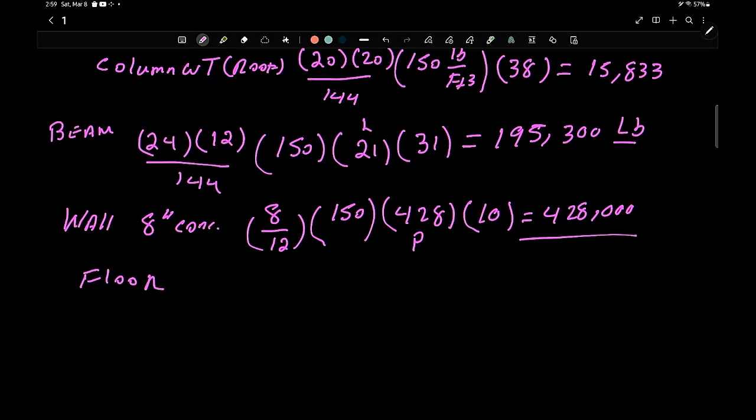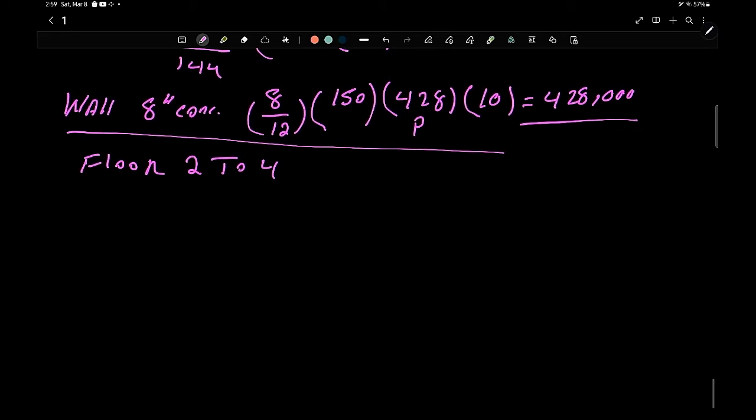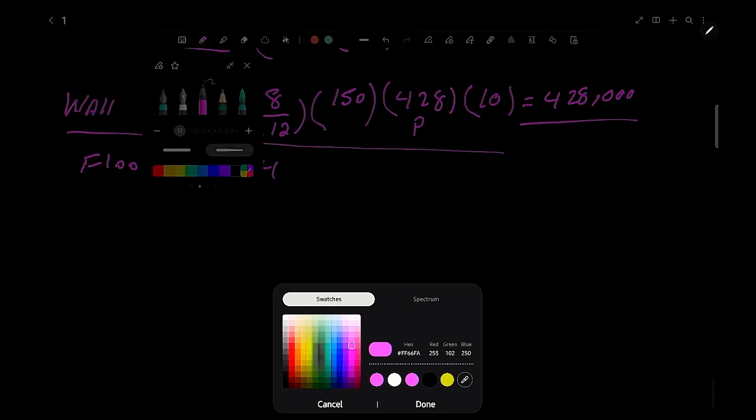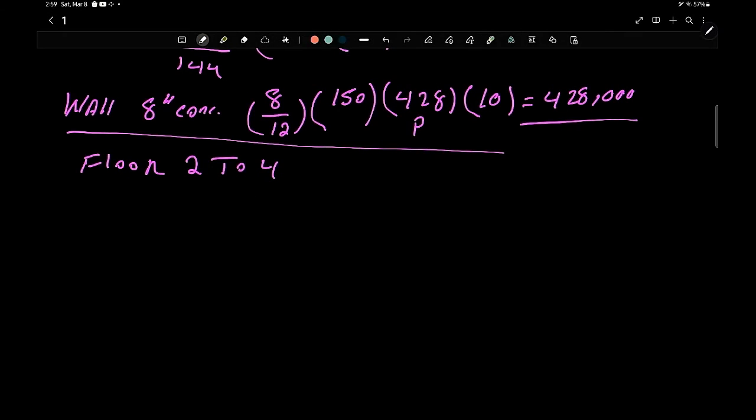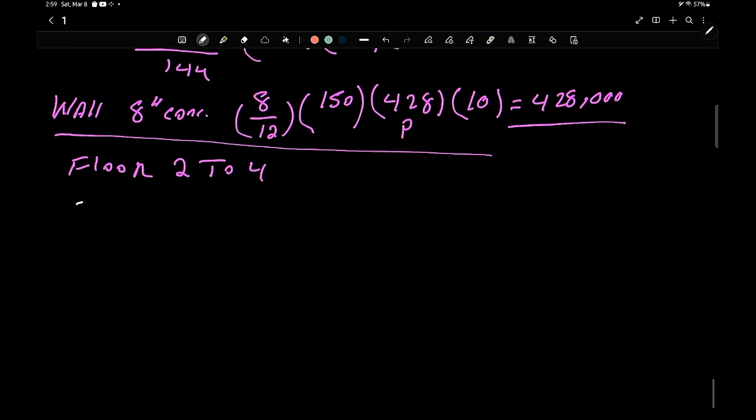Floor 2 to 4, superimposed load. It's going to be equal to the area, which was 11,880, multiplied by 30 pounds per square foot.